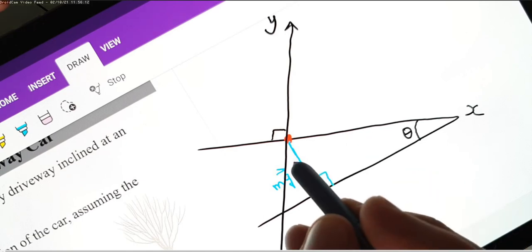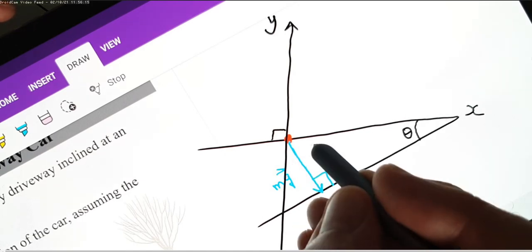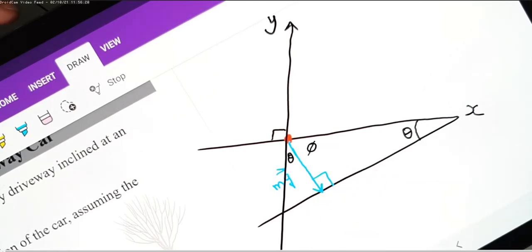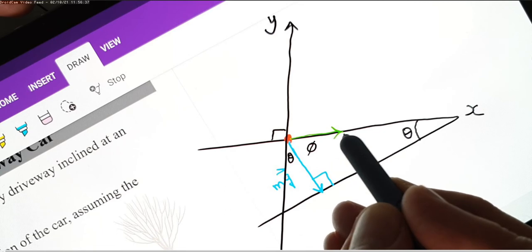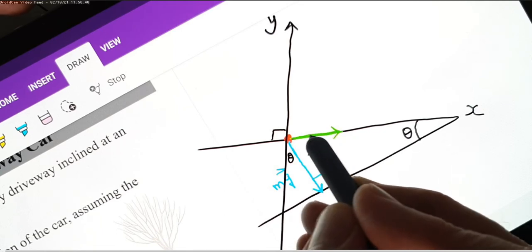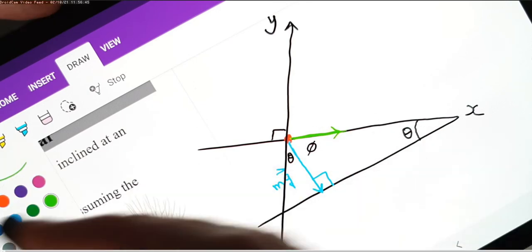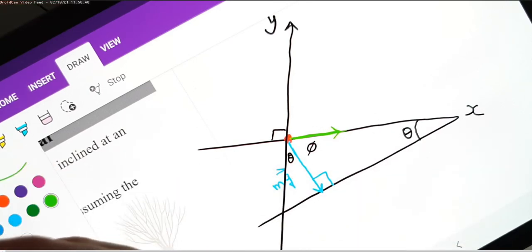So now, this is theta, this is phi, and this is theta. We need to analyze the mg into two components. The first component in the x-axis and the second component in the y-axis. Let me choose another color. Okay, orange.